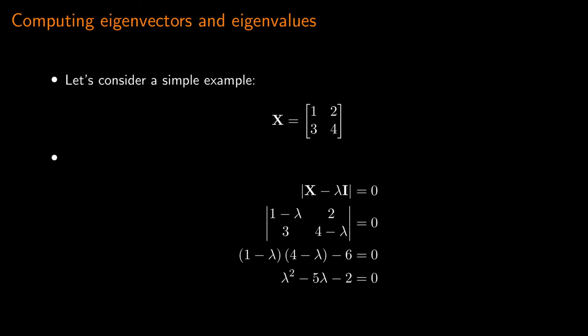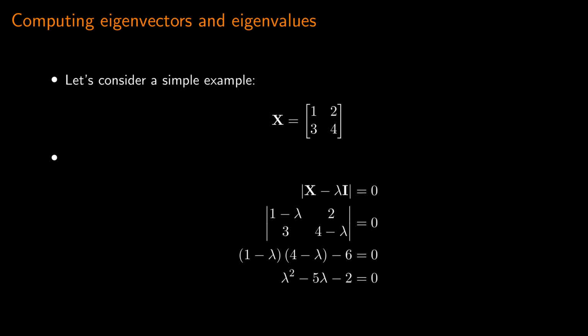Now the determinant of that matrix we can calculate easily enough by hand. If you want to know a bit more about doing that, you can look back at my episode on calculating matrix determinants. But if we do that algebraically, we end up with an equation of (1 minus lambda) multiplied by (4 minus lambda) minus 6 is equal to 0.